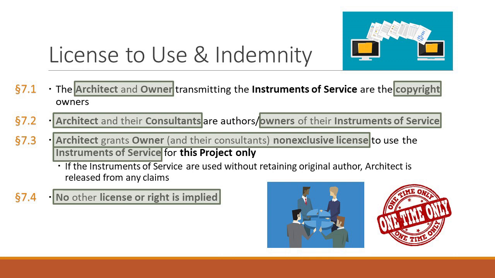Well, if the developer wanted to do the second tower, which was supposed to be literally a cookie cutter of the first tower, they did not have a copyright license for that second tower. They would have gone back to the architect and said, I want to do the second tower. Will you grant me a license for that? And there would be negotiations and price and a whole bunch of other stuff. So that's what this first portion says.